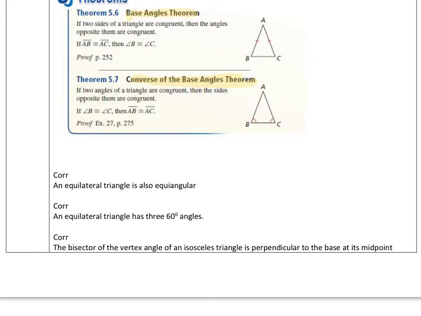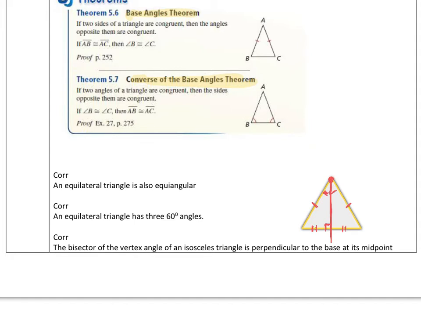Let's see if I can draw it out for you. Let me see if I could do this shape that it will recognize. There we go. We've got our triangle. I shouldn't have chosen the color yellow, but that's okay. So if I've got this isosceles triangle, and I drop down this altitude like this, what ends up happening, okay, the bisector, as long as it bisects here, which is this altitude that I'm dropping down, is going to be perpendicular, and it's going to bisect it.